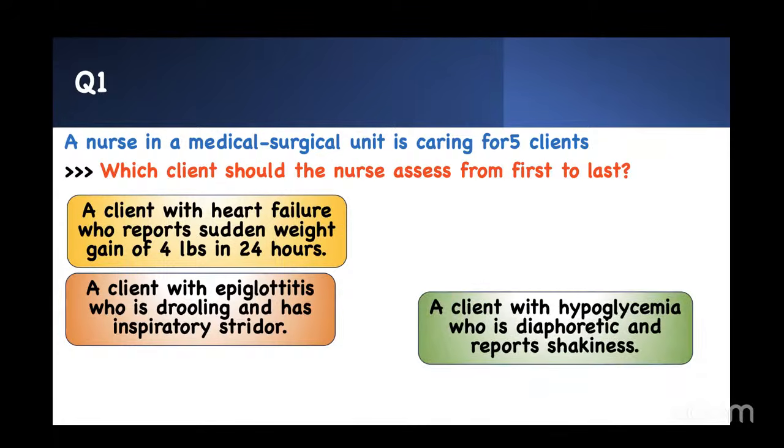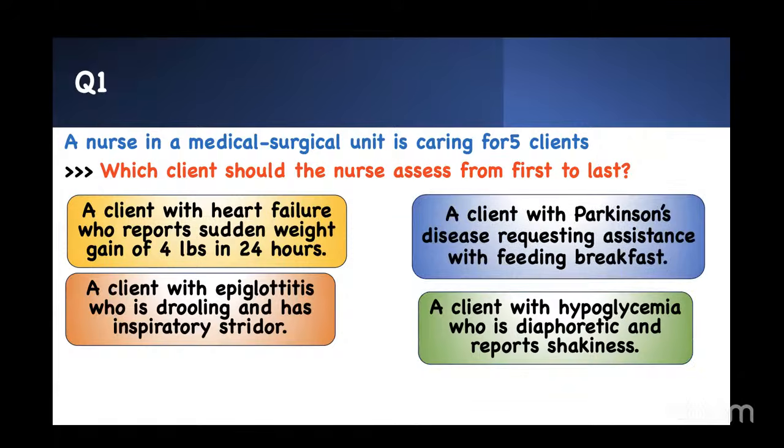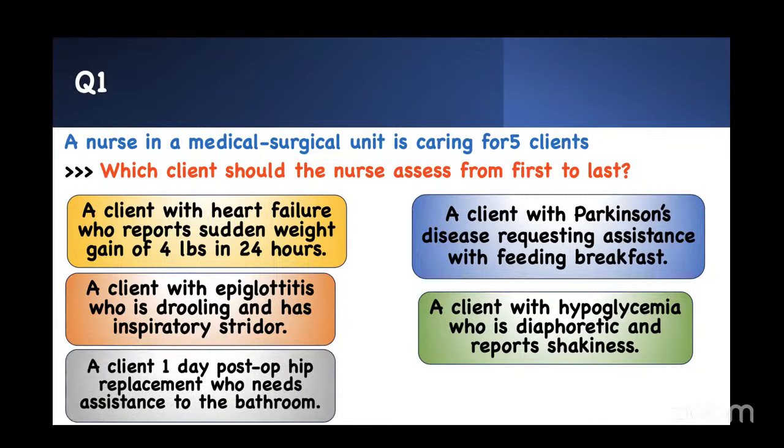A client with hypoglycemia who is diaphoretic and reports shakiness. A client with Parkinson's disease requesting assistance with feeding breakfast. And the last patient, a client 1 day post-op hip replacement who needs assistance to the bathroom. 5 patients.